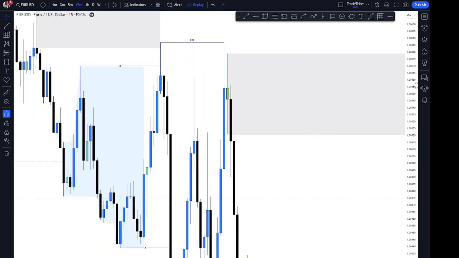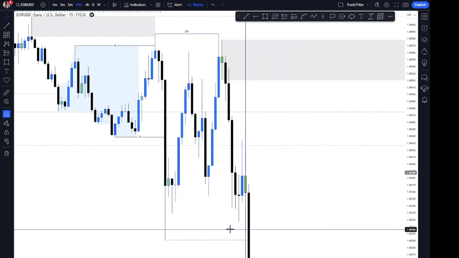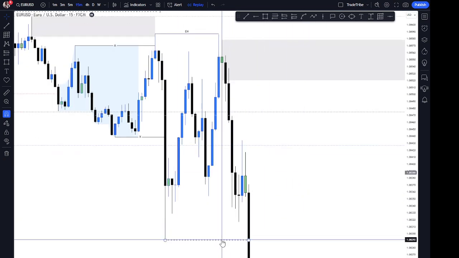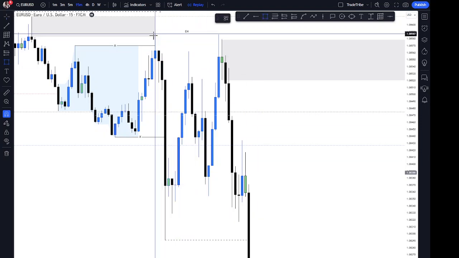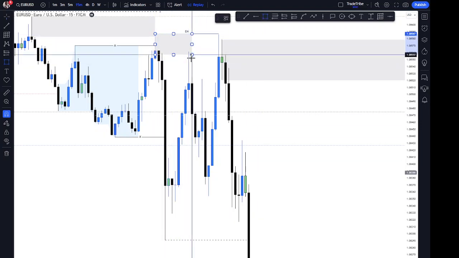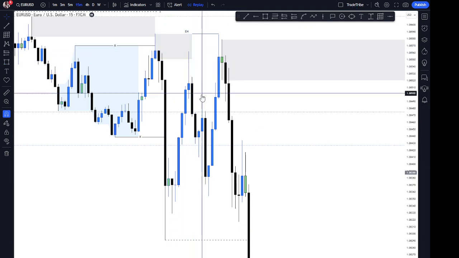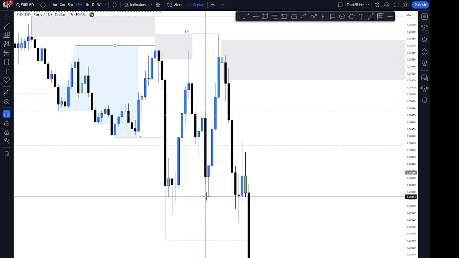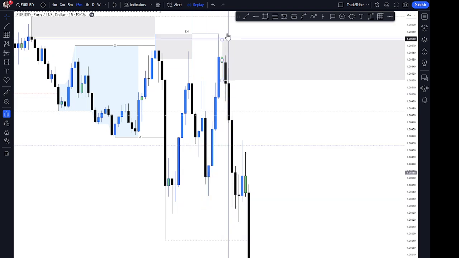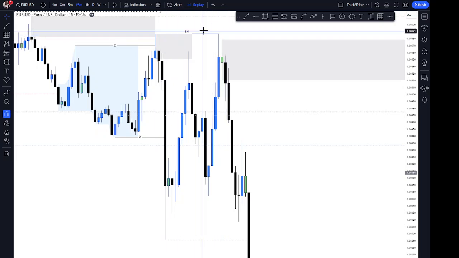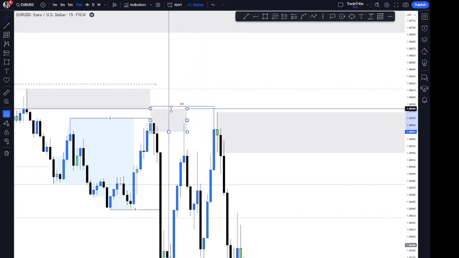The market could drop to this level, break of structure, leaving us with this demand here. It was later mitigated. Price came down, never broke the low here, went up and formed a high. You can see it here, which is liquidity.